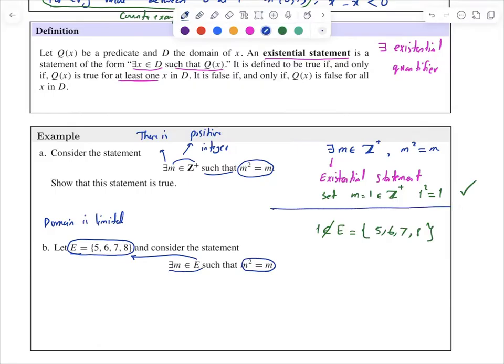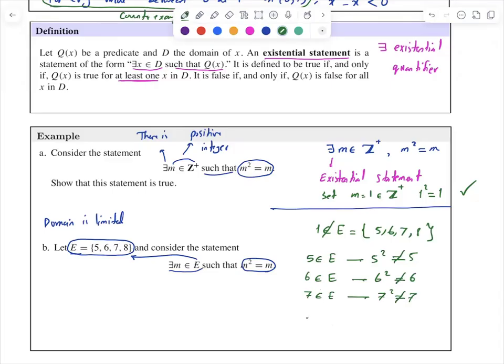It's different from the previous example, right? So what should I do? I need to check each element here. Well, I have 5 in this domain, but 5 squared is not 5. What about 6? 6 belongs to this domain, but 6 squared is not 6. What about the next element? 7 is in the domain, but 7 squared is not 7.